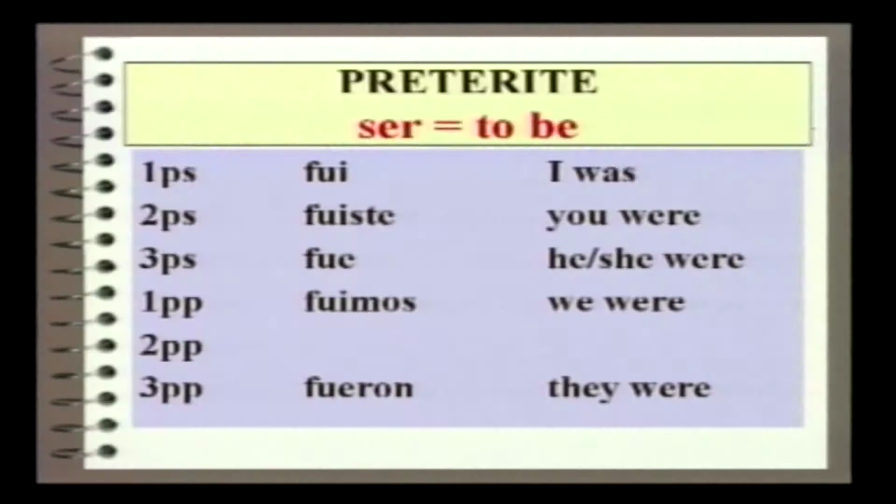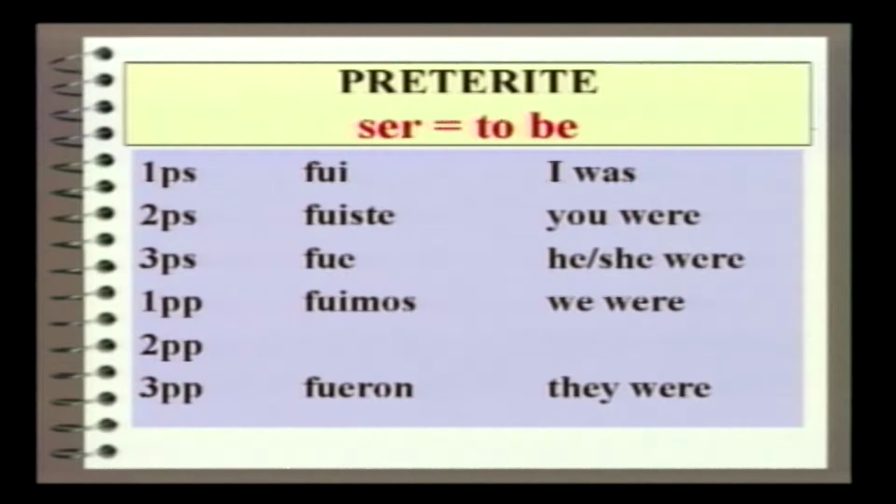Let's take a look at the next one. Ser. Remember, ser means to be. Look at that. It's exactly the same as ir. Fui, fuiste, fue, fuimos, fueron. So both for ir and ser, the preterite is identical.